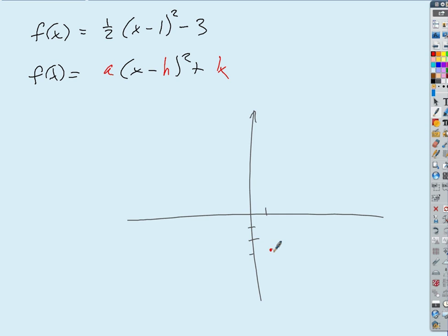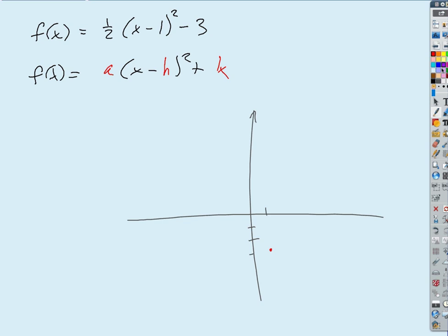So at 1, negative 3, now what am I doing? I'm compressing my parabola by a factor of 1/2. So it's going to end up being squished, right? So the height of the parabola from the vertex is only going to be 1/2 as big as it used to be before I compressed it. So let's start by graphing a quick version of our parent graph.